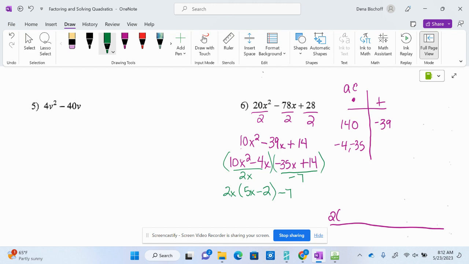A negative 35 divided by a negative 7 gives me a positive 5. So there's my 5x. And 14 divided by negative 7 is negative 2. So that way I get my copycat. So copycat, 5x minus 2. What's left over? 2x minus 7. Okay.